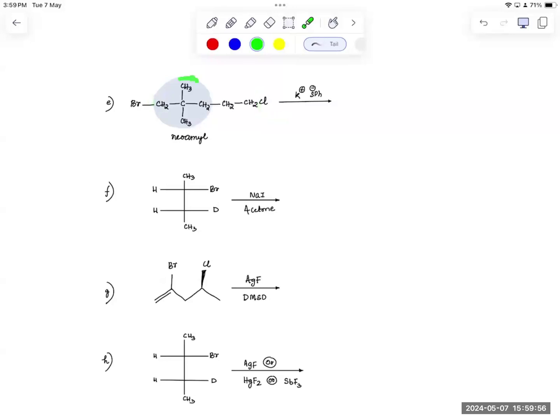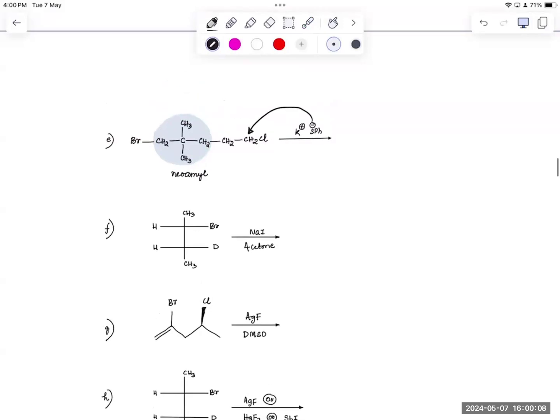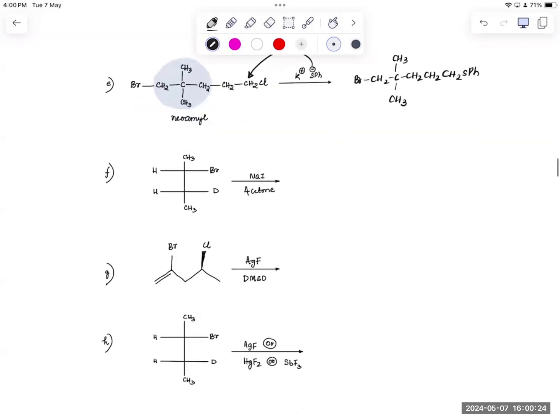But can you notice that the Br is heavily crowded on this side? And you know that a neopentyl-type crowded chloride will be very difficult for SN2. So therefore, it will attack on this end. So what we have here is Br with CH2, C, CH2, CH2, CH2 plus SPh, and here we'll have CH3 and CH3. This is the product you will get.